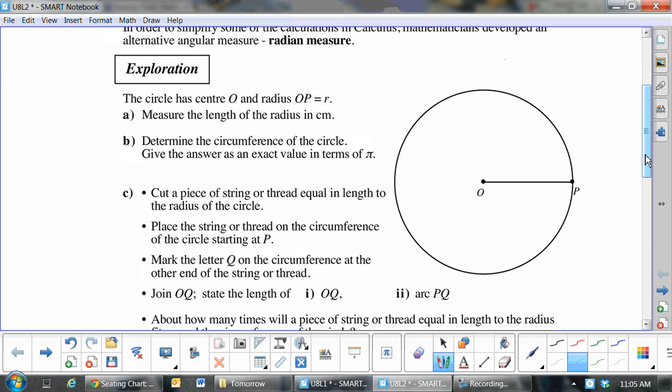Now, let's just throw any radius out and say that's 3 centimeters, okay? Now, a radian is actually when the radius is the same as the arc length. Now, an arc length is this right here. So this is 3 centimeters, and obviously this would be 3 centimeters as well.